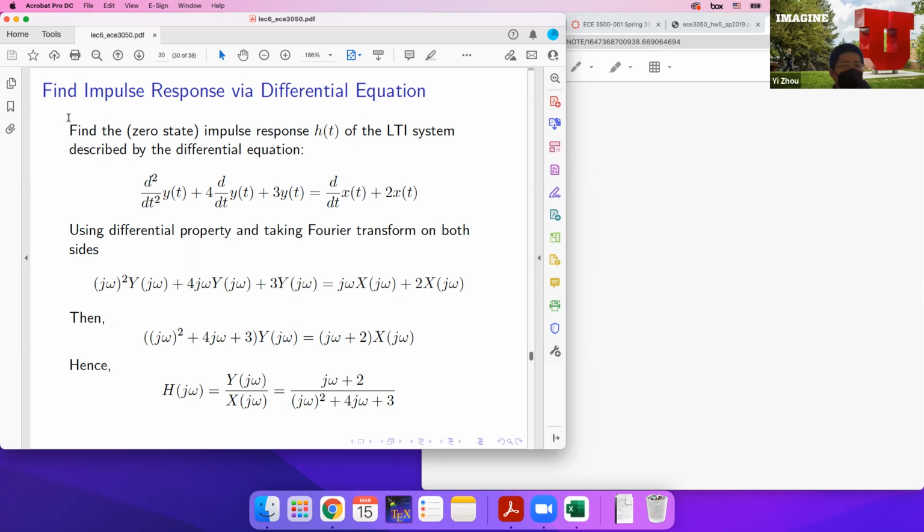The problem is that given such a system, we want to find out the impulse response, h(t), of such an LTI system. The input and output relation is fully given, so there should exist a corresponding impulse response.